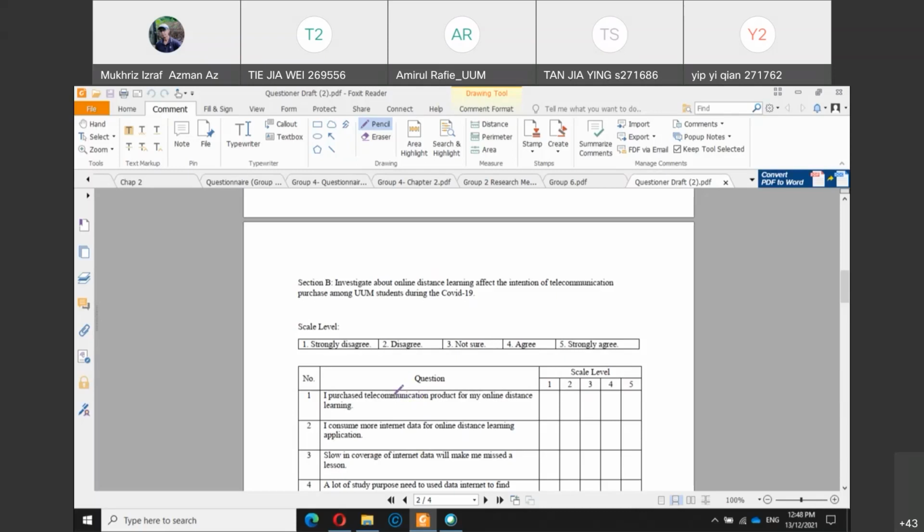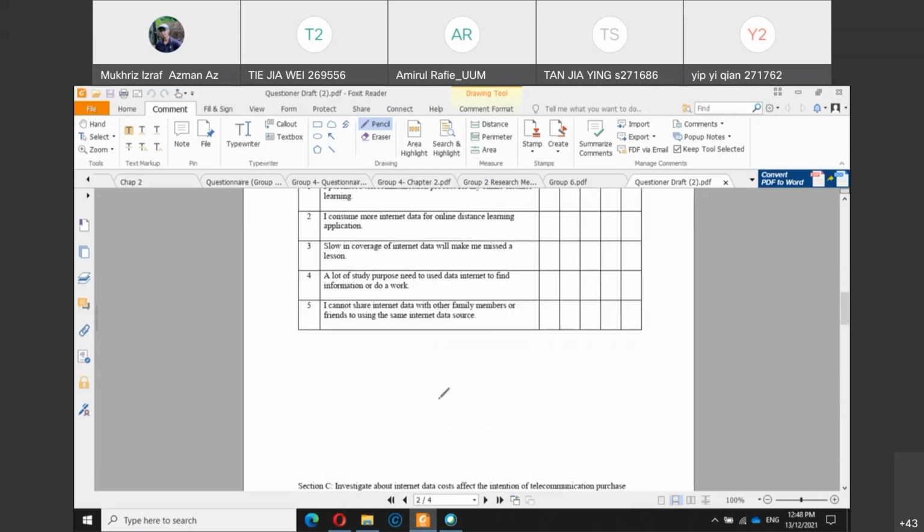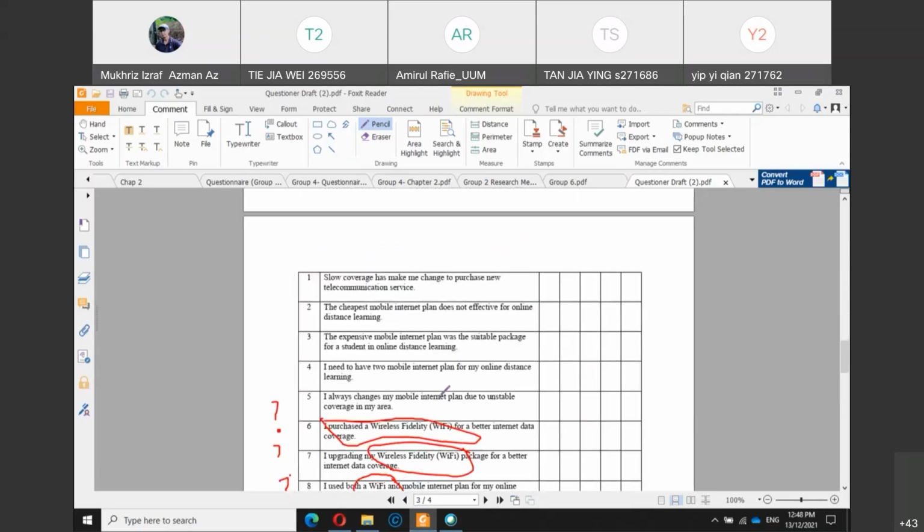So when you have no examples and create everything from zero, you end up making up the questions. For example, "I need to have 2 mobile internet plans." What is the relevance of 2 mobile internet plans? Why not 3? Why not 4? What if the person has 2, or 3, or whatever?